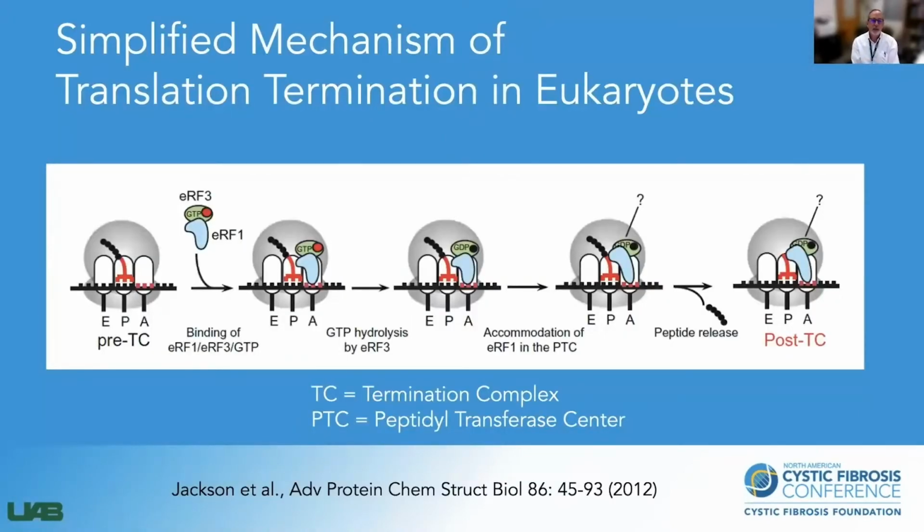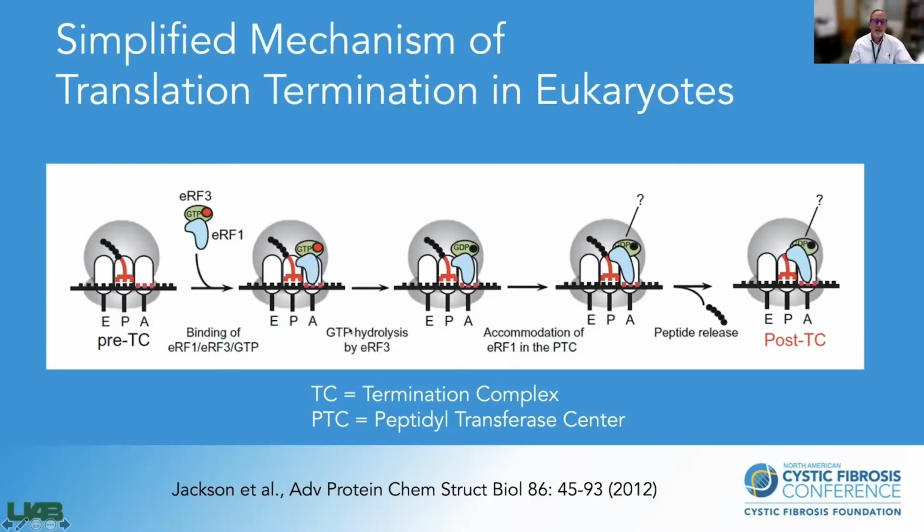All right, so let's start out with a simplified cartoon of translation termination. When a ribosome comes to a stop codon in the ribosomal A site, a ternary complex made up of the translation termination factors ERF1 and ERF3, with ERF3 bound to GTP, enters the ribosomal A site.